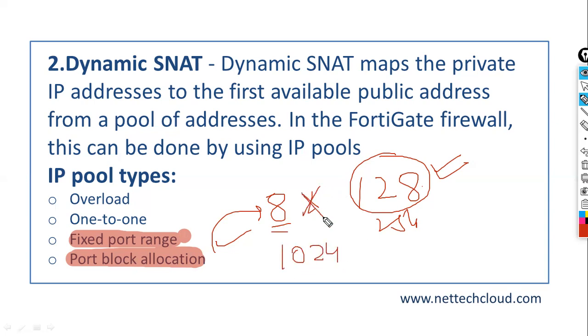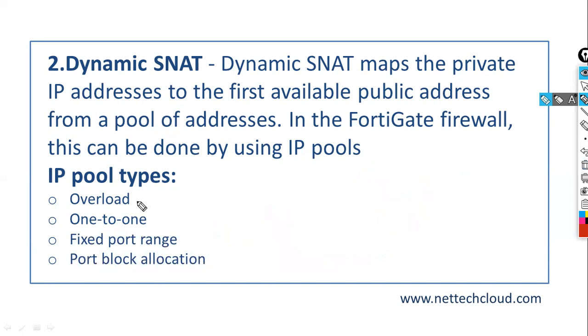Whatever value comes, multiply 128 with it. It's something like a reservation, where we have reserved port numbers on a per IP address basis, so that each IP has an equal number of translation entries. So it's all about port allocation and port management. This way we have 4 options in dynamic SNAT.